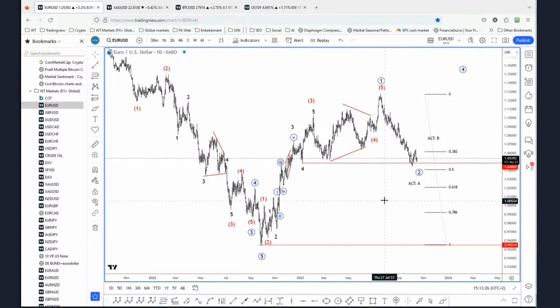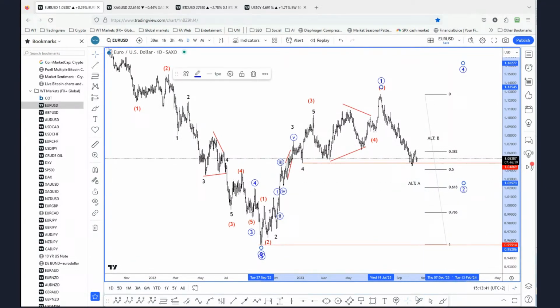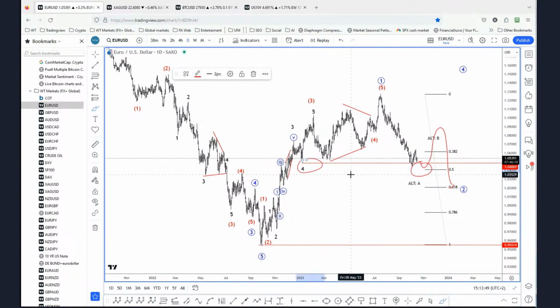I do not really like this wave count that much, because if that's a correction, then even with some different labeling it could at some point be labeled as an impulse, and it means that wave 2 could potentially be even more complex and deeper. Okay, so I think that no matter how I look at it, at least in the short term, after that final push to the downside, there can be some rally coming for the euro.